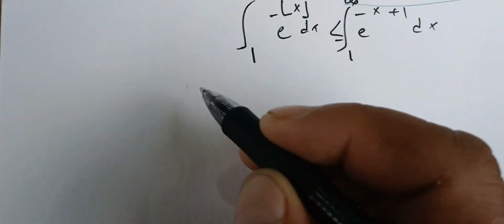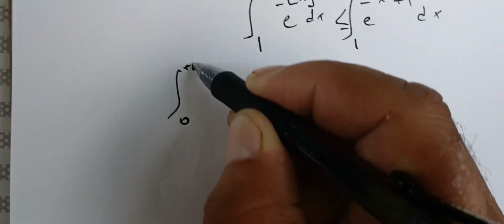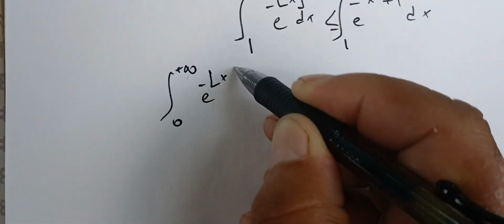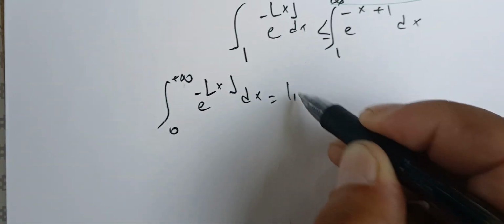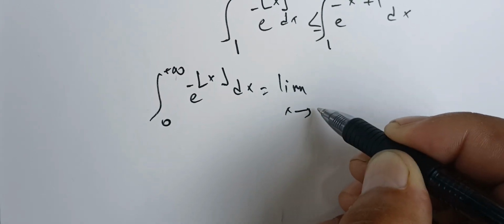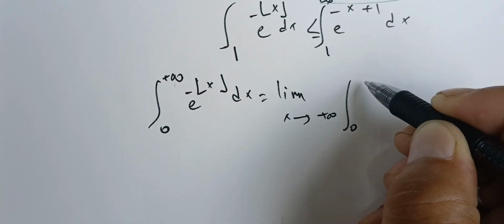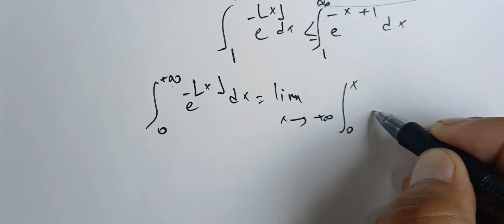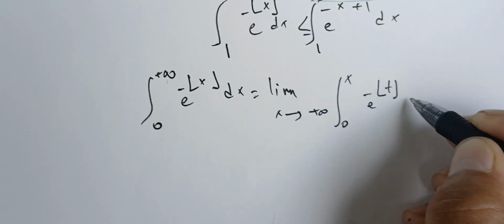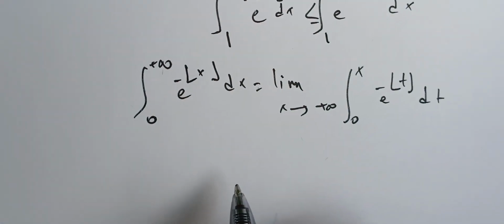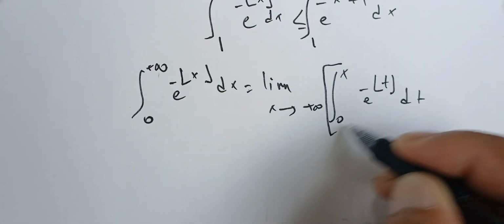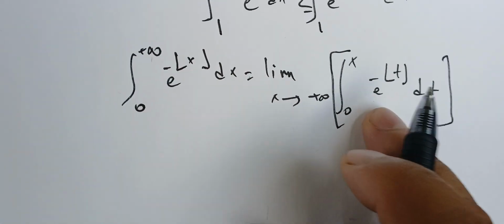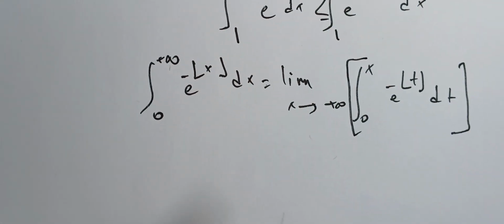Next, we're going to apply the definition of the improper integral. So here, the limit as x goes to infinity of the integral between 0 and x of e to minus the floor of t dt. We focus on this one here first.